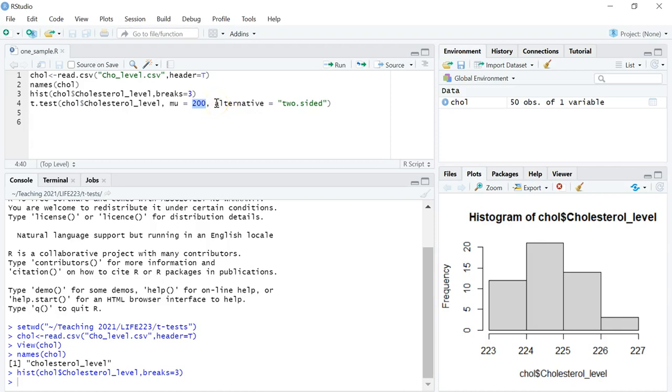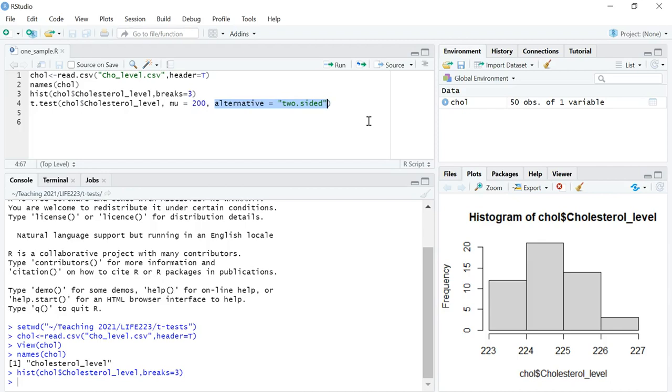So your null hypothesis would be there is no difference, and your alternative hypothesis would be that there is a difference. For the alternative here, you can specify it as two-sided, and so you're testing both the lower and upper tails, or you can do a one-sided test. A one-sided test would be if you know that you're testing for either greater or less than. But in this case, we just want to know whether it's different to 200. We don't know, they might be lower, they might be higher.